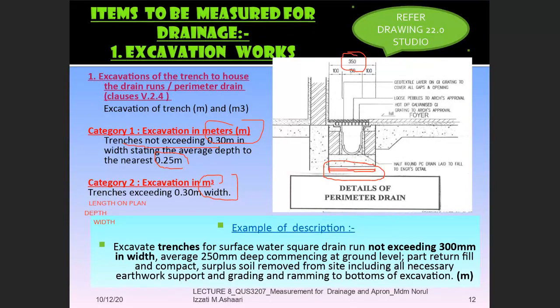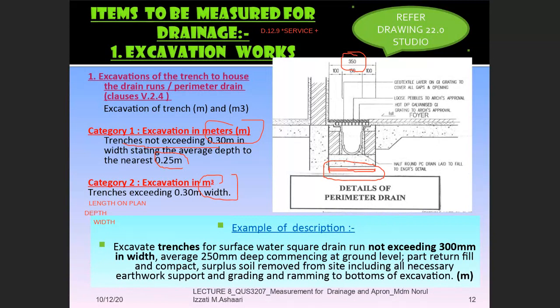If not, you have to write down everything in the description. Okay, class, any question? So now if I ask you again, do you need to measure disposal and filling? The answer is no. Please do not measure the disposal and filling. You have to write down everything in the description.